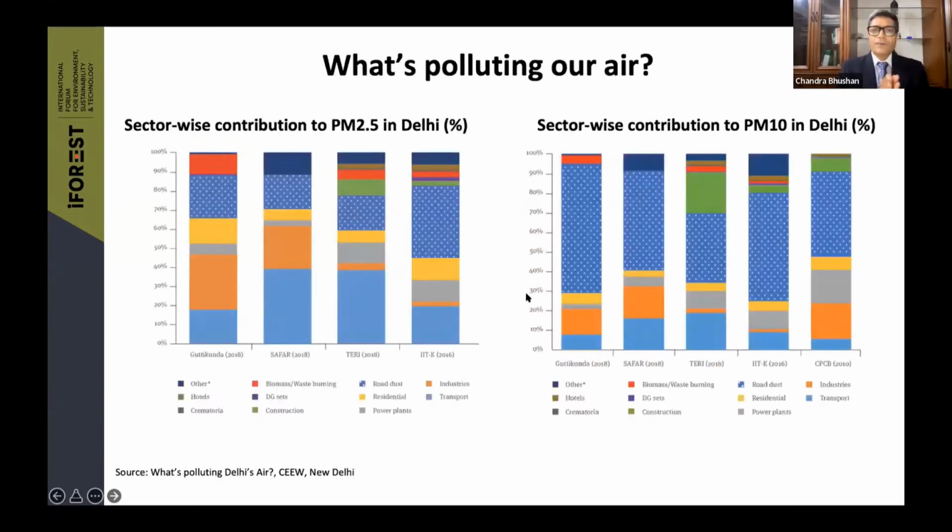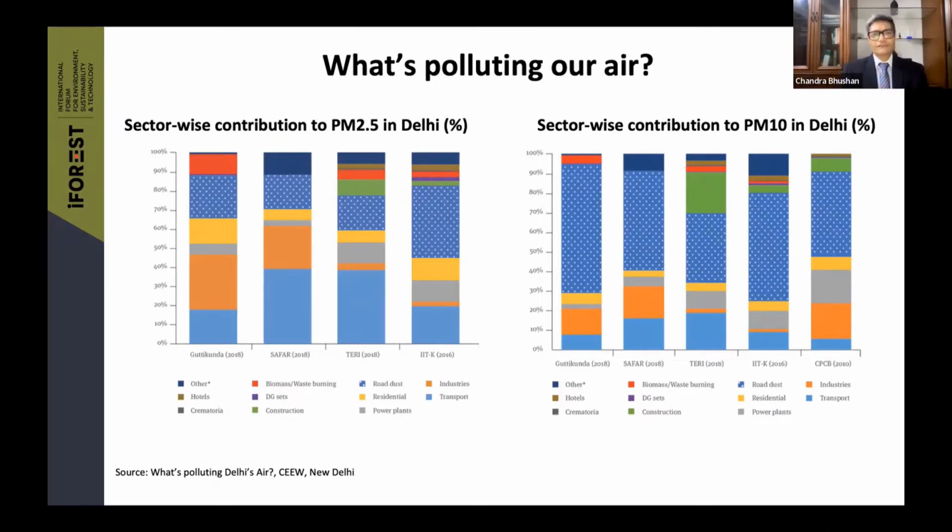Let me start by giving you a picture of what is polluting our air. Now, these two graphs are sector-wise contribution of particulate matter pollution in Delhi. This is a combination of 4 studies that have been done over the last 5 to 6 years, and these charts put the information from the 4 studies together.